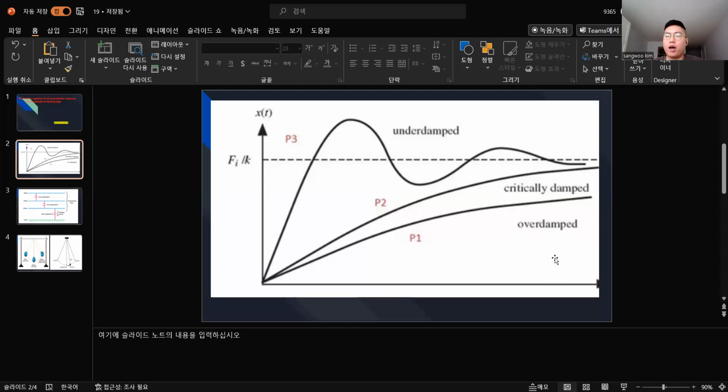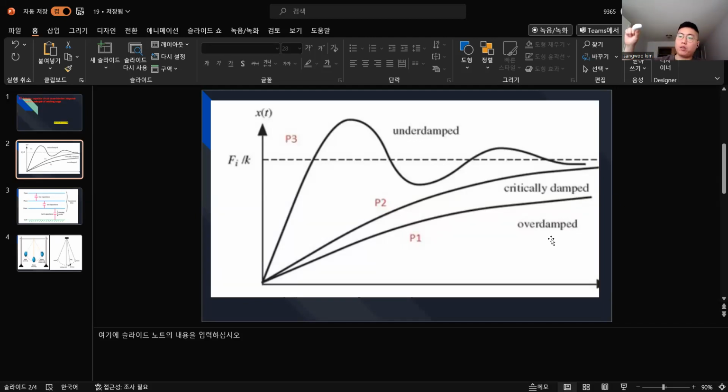Overdamped, we could just think like we have a circuit like RLC, right? R is resistance. Overdamping means, if I said the RLC circuit, from potential energy to kinetic energy, it has to swing, right?